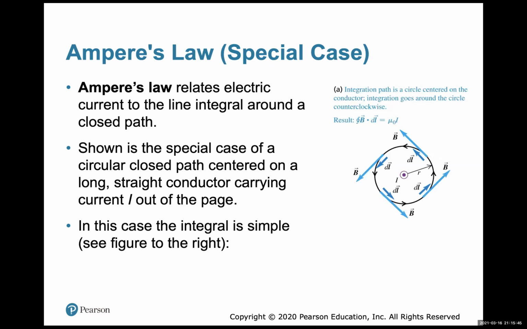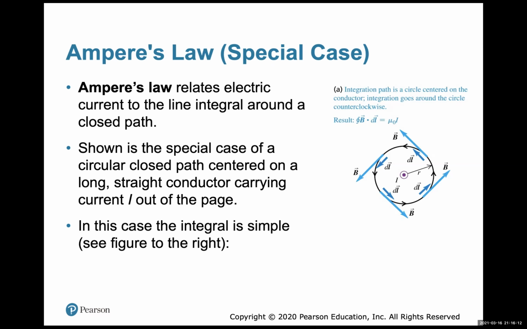Now, we could define magnetic flux. In fact, we have already. We looked at the fact that Gauss's law, we could write it, we could ask for the net magnetic flux through a surface that bounds a volume.